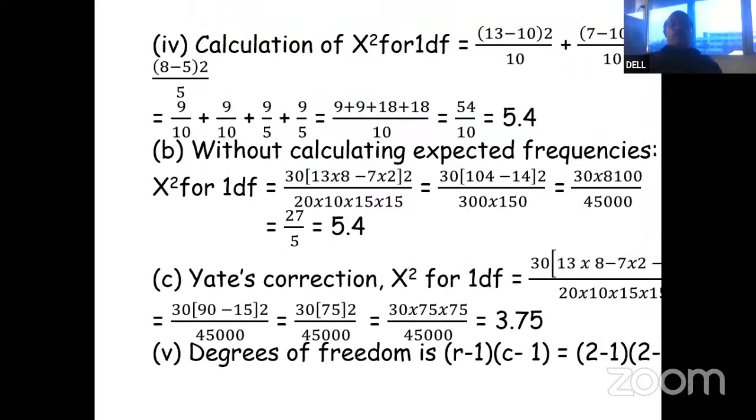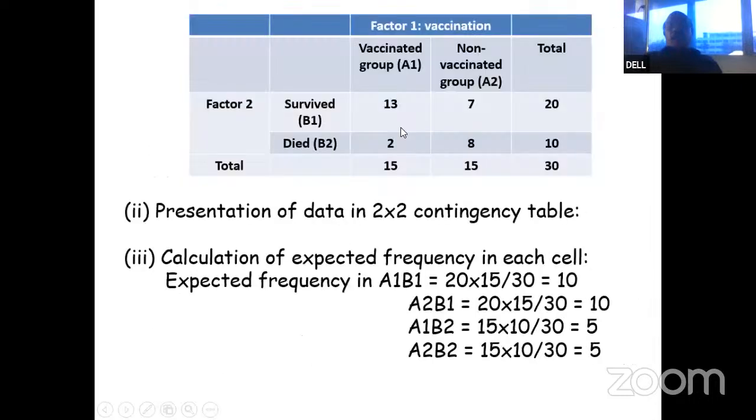Sorry. Whatever we calculated, without calculating expected frequencies, these are the expected frequencies we calculated already. For each, we calculate the corresponding expected value: the corresponding row total into the corresponding column total divided by the total frequency.